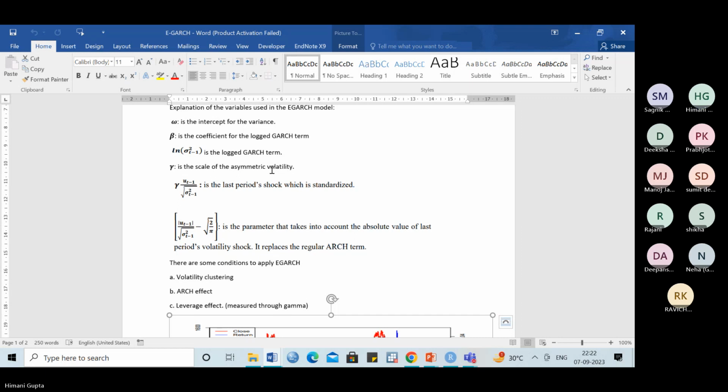So in simple terms, I can say that if the debt proportion in the capital structure increases, my volatility is affected, and I'm going to see the leverage effect.